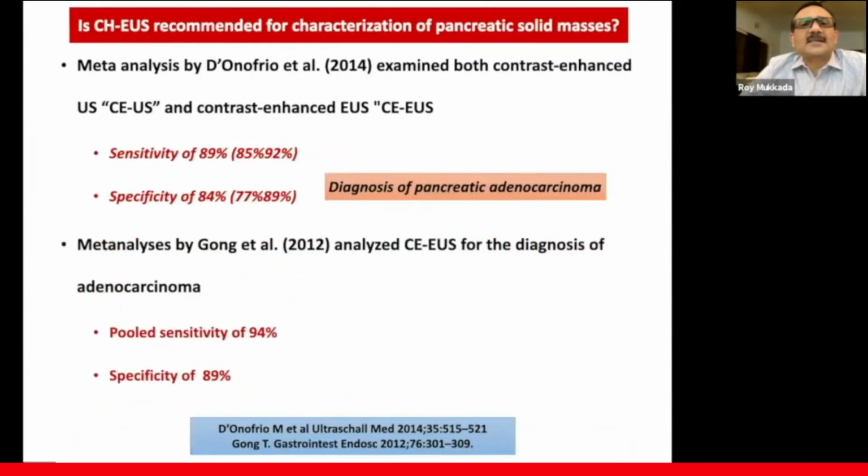Now, another meta-analysis, from 2014, says that the sensitivity for pancreatic adenocarcinoma is 89% and the specificity is around 84%. The meta-analysis by Gong et al. in 2012 analyzed CE-EUS for the diagnosis of adenocarcinoma. Again, the pooled sensitivity was 94% and specificity 89%.